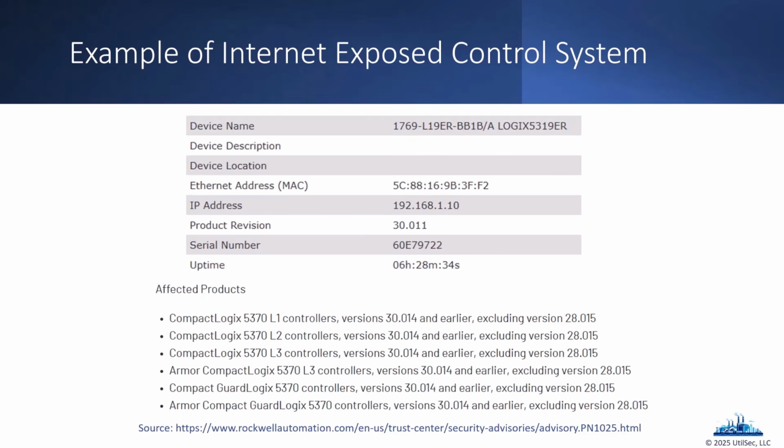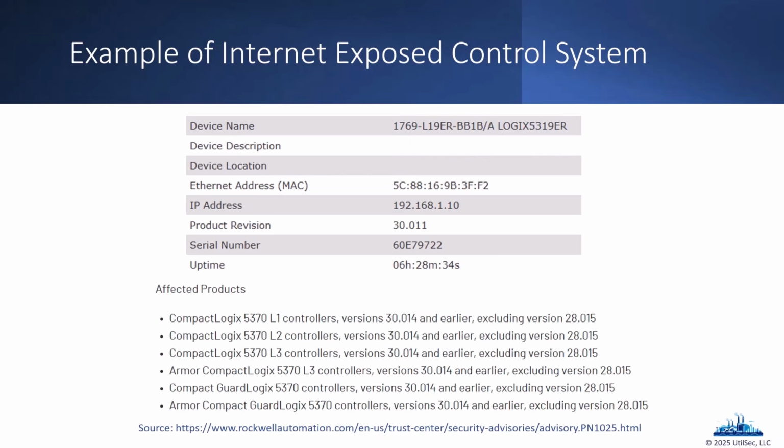And here's an example, going back to the very beginning of the section, of that PLC that was exposed to the internet. It actually showed us the type of equipment, and here is the firmware version, 30.011.